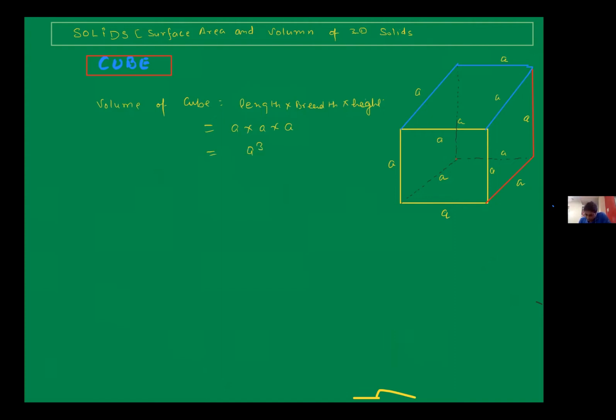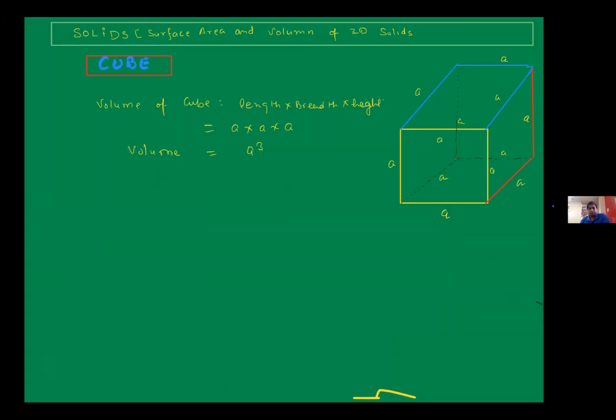So the volume of the cube is A cube. What will be the total surface area? For the cuboid, the total surface area is 2 times (L into B plus B into H plus H into L).